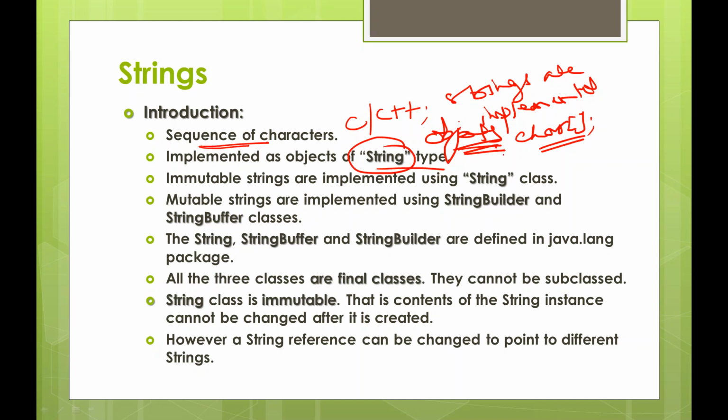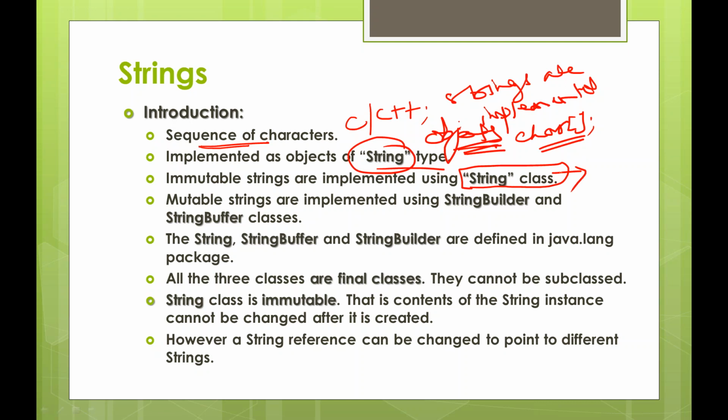Strings are called immutable classes in Java. We will see with an example what immutability means, but this will not be a restriction for us. We will see why.